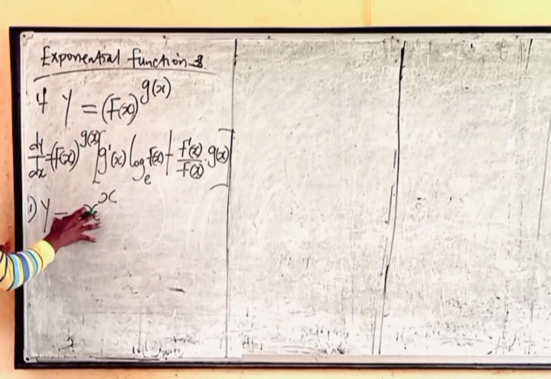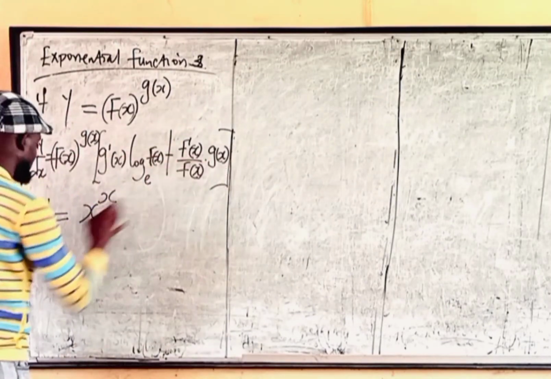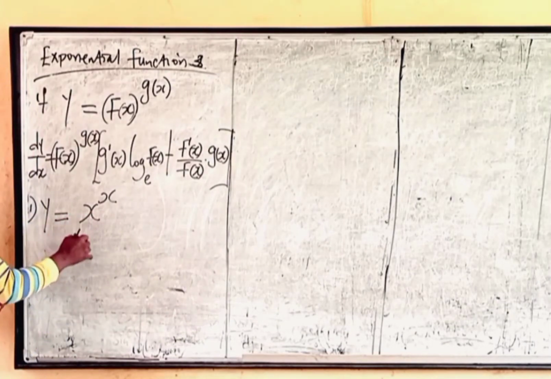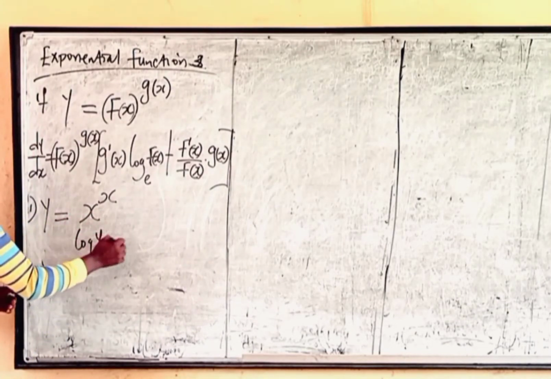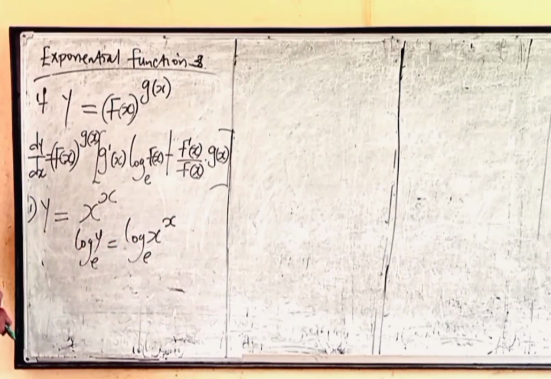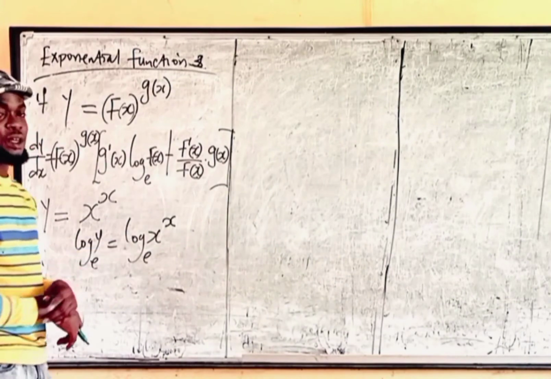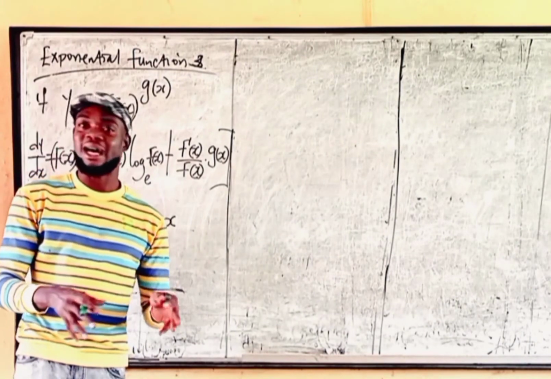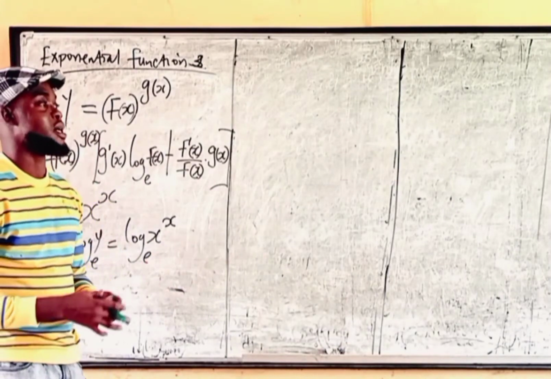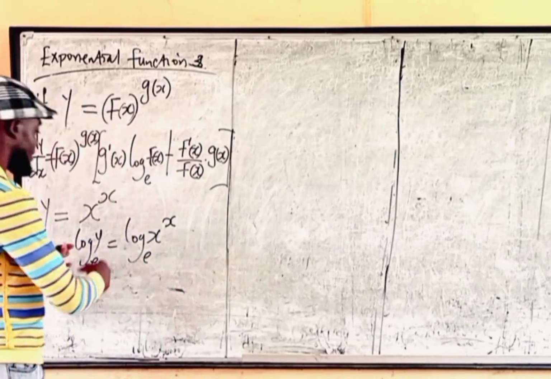So if you don't want to use this formula, the first thing you do is to take the natural logarithm of both sides. So you take the natural logarithm of y, then the natural logarithm of x raised to power x. The next thing, you apply the rules of logarithm to the side that has a power.